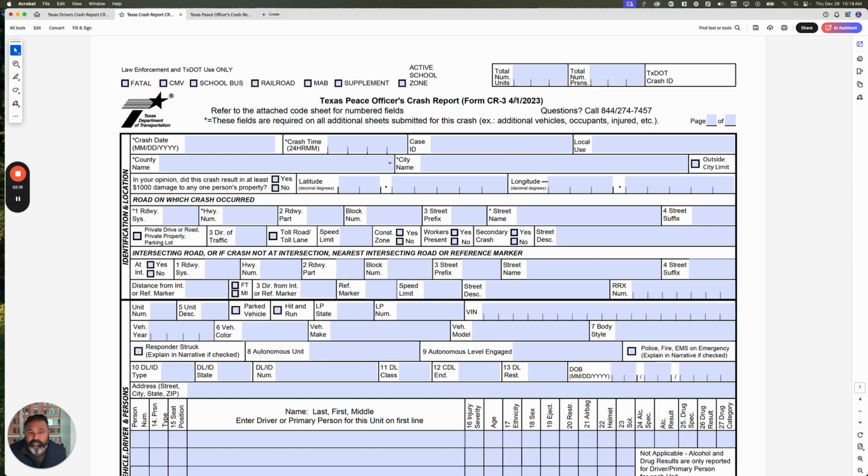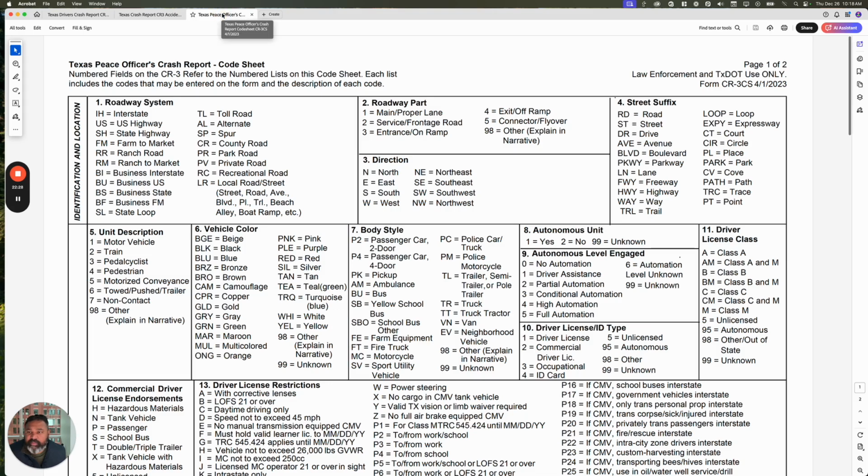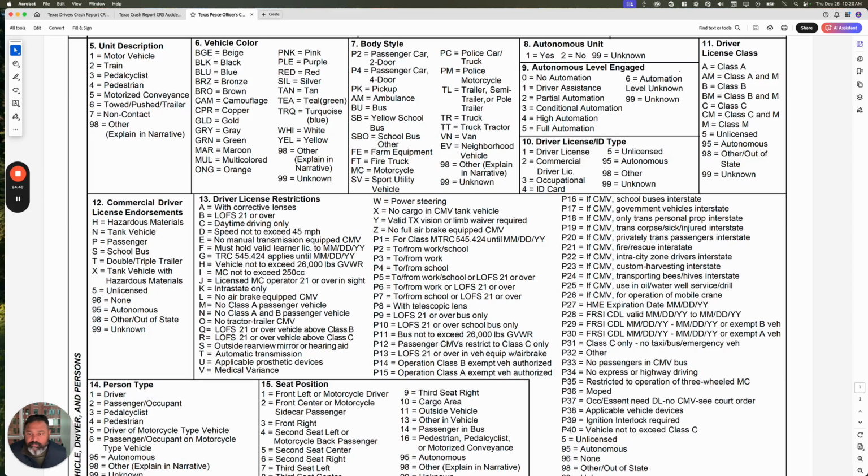So for example, this is the CR3 report that is effective as of April 1st, 2023. So when I'm looking for the corresponding code sheet, I want to make sure it's for the same period of time. So code sheet for the CR3 report for 4/1/23.